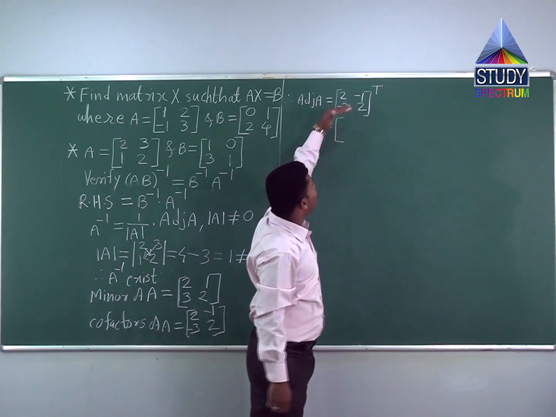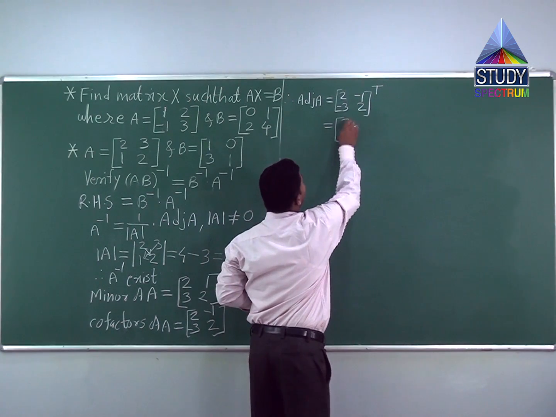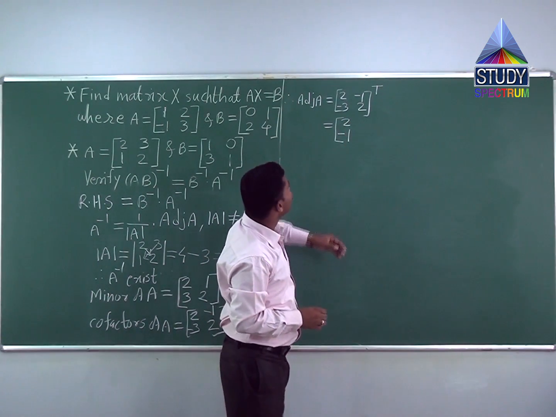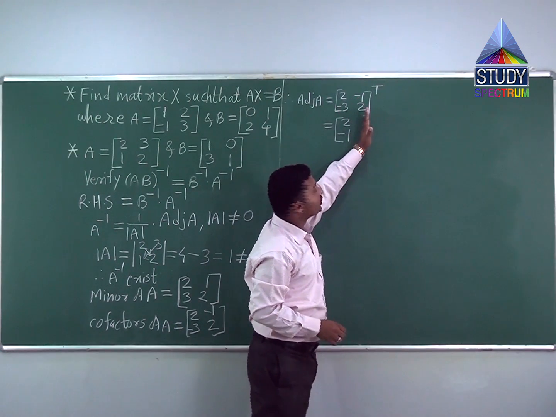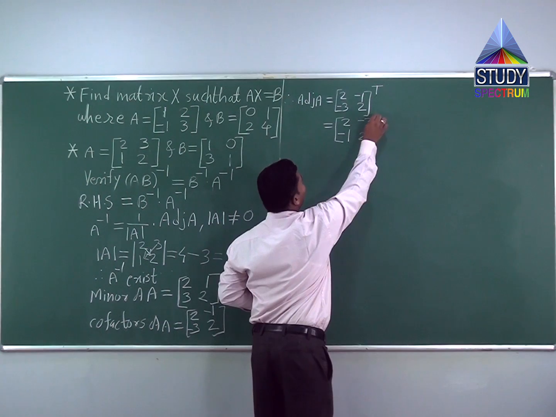So first row becomes first column: 2, minus 1. Second row becomes second column: minus 3, 2.